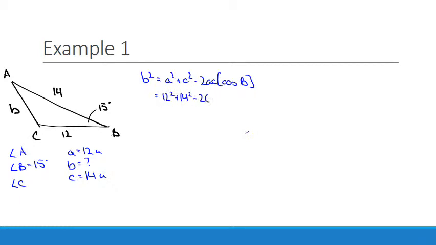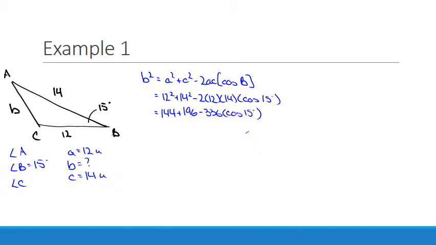Cosine law, pretty straightforward. Okay. 12 squared, 144. 14 squared, 196. The first part, the negative 2 times 12 times 14 will be 336. And then I'll times that by cos 15.